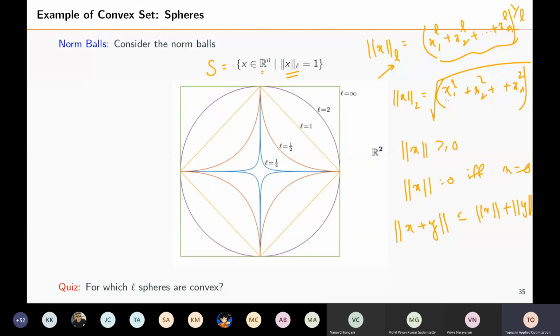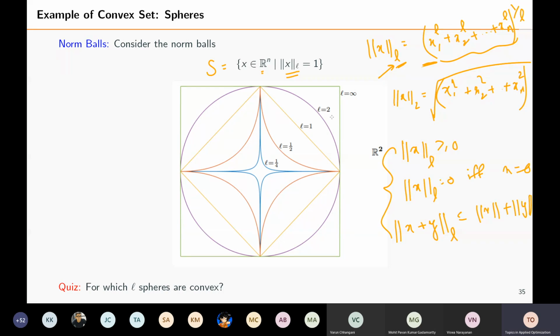All these are satisfied for positive rational L. Sometimes it may not be trivial to prove, but it can be established that this is a norm. I have shown a picture of the norms here.